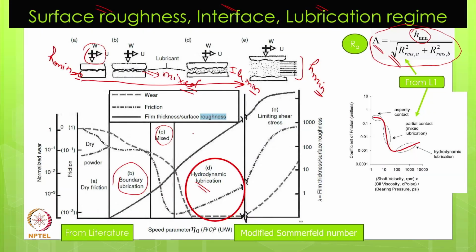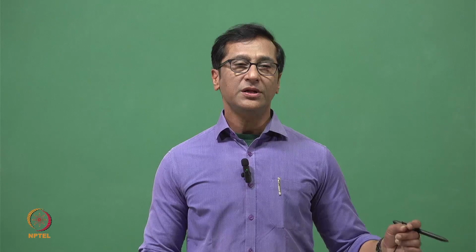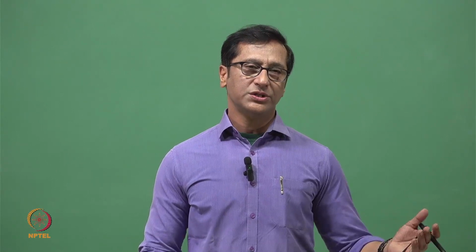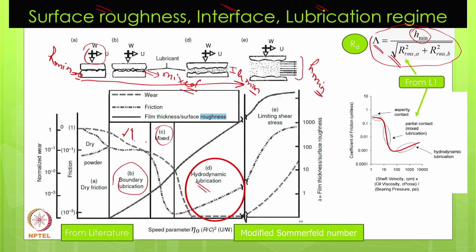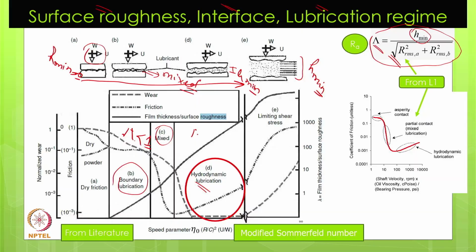So it can be treated as mixed lubrication instead of definitely saying it's boundary lubrication, because different books treat this specific film thickness differently. Some people say that if it is lesser than one, it is boundary lubrication. That doesn't make much sense to me; if the specific film thickness is greater than 0, I'll say it's mixed lubrication.